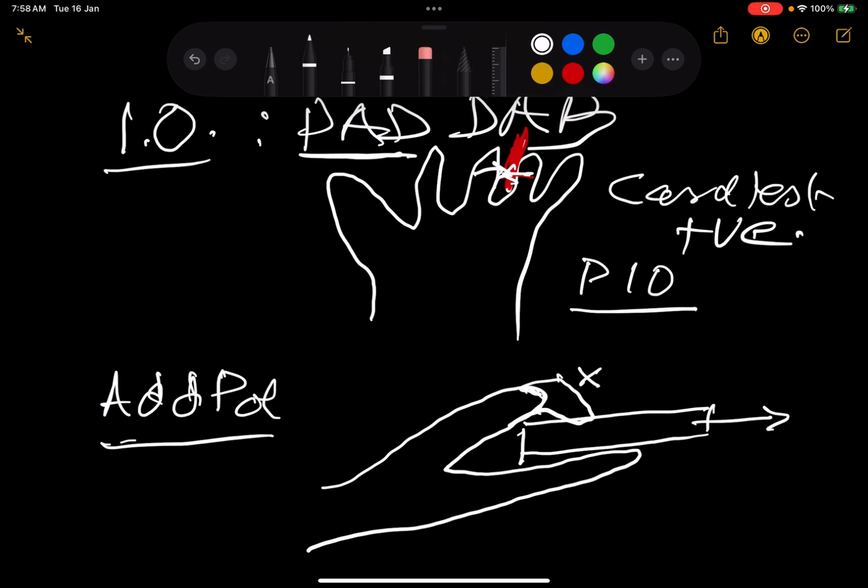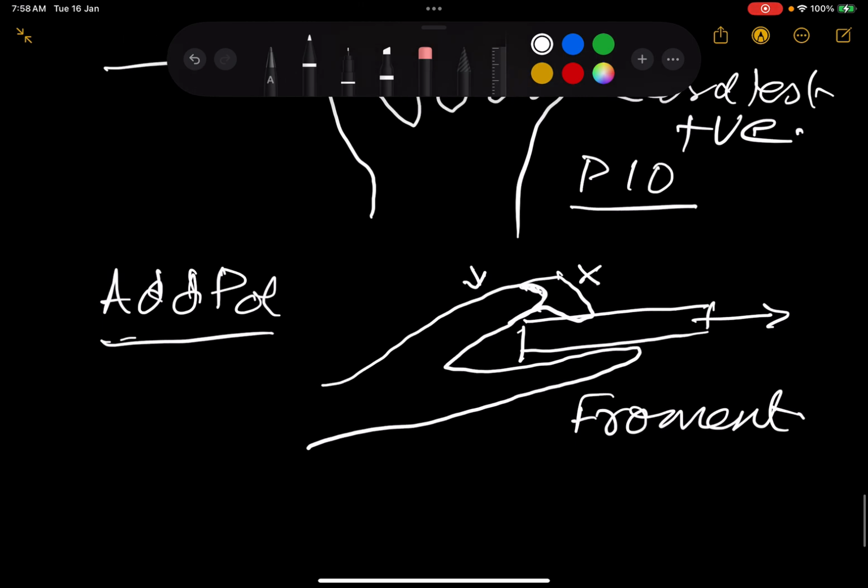He should not do this, he should do this only. And this is called Froment sign positive. Flexion of the IP joint of the thumb while holding a book is called Froment sign. This is the test of adductor pollicis, and it is also called the book test.